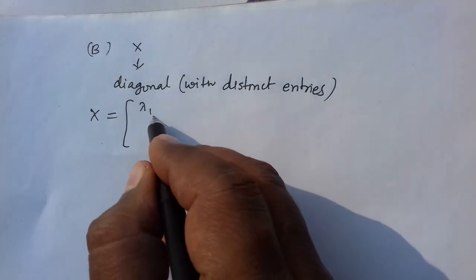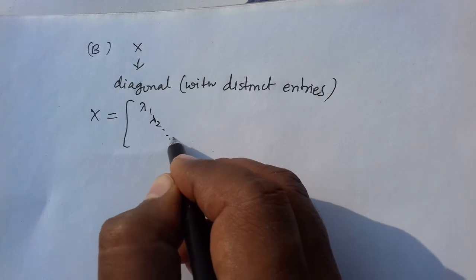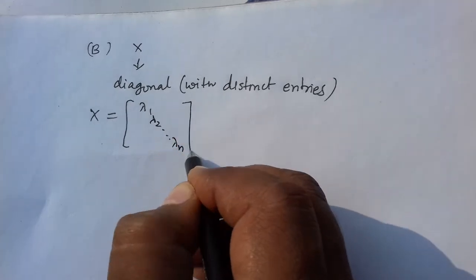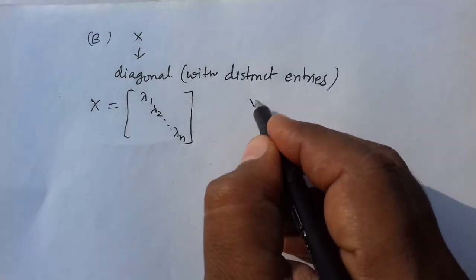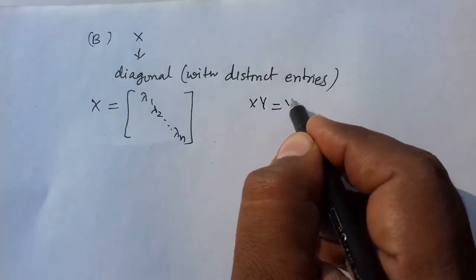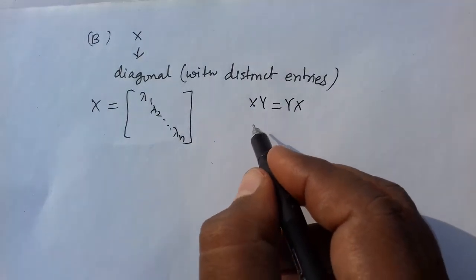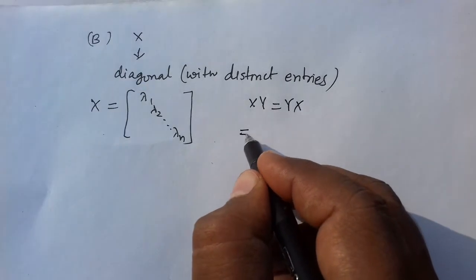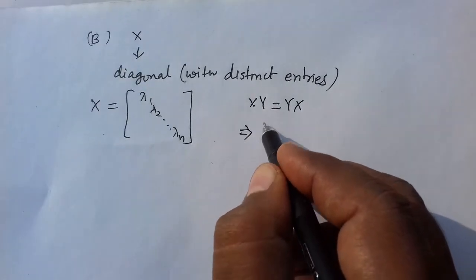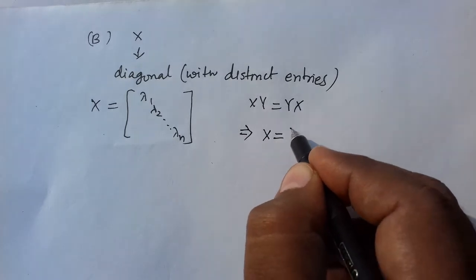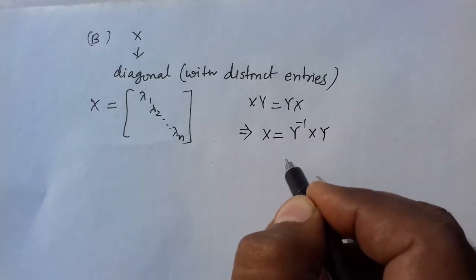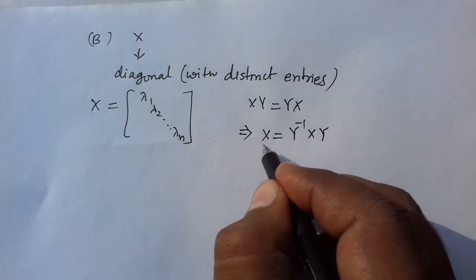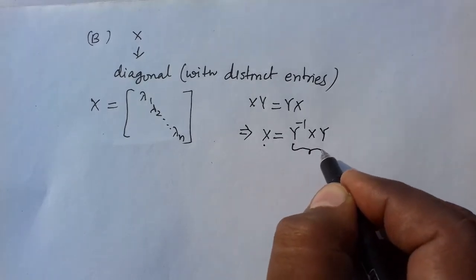So this will be lambda 1, lambda 2, up to lambda n. Now in the question you also see that XY equals YX. So this can be changed as X equals Y inverse XY. Since X is diagonal, this also is diagonal.